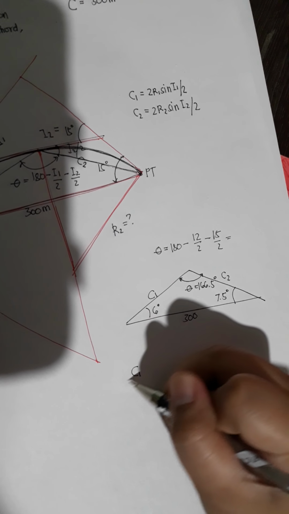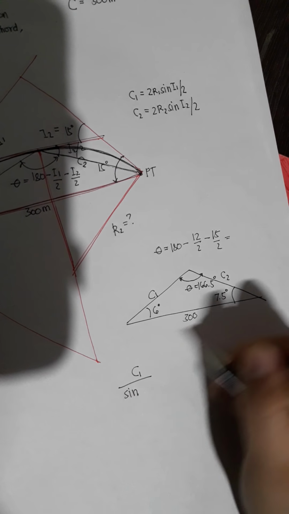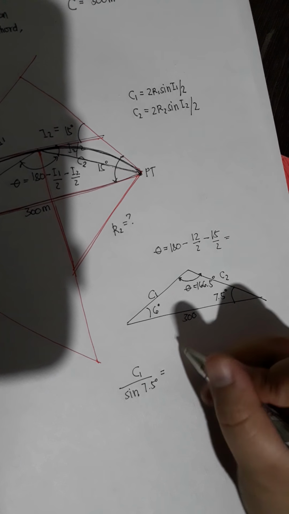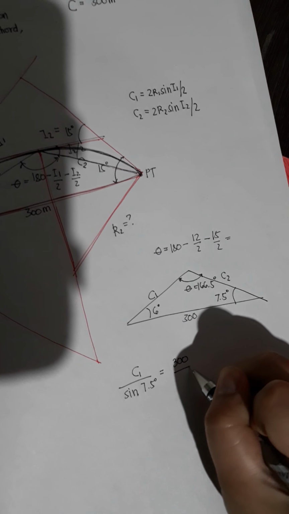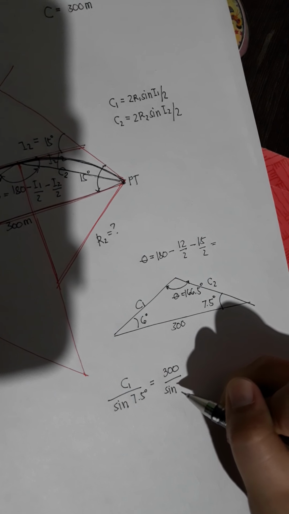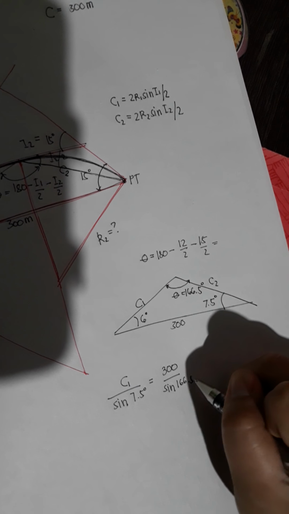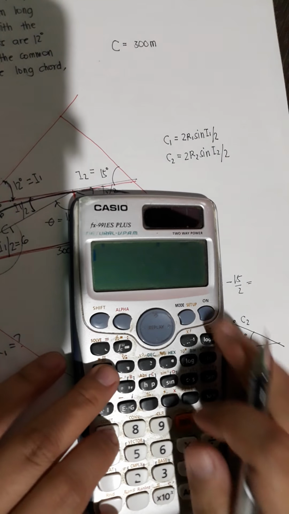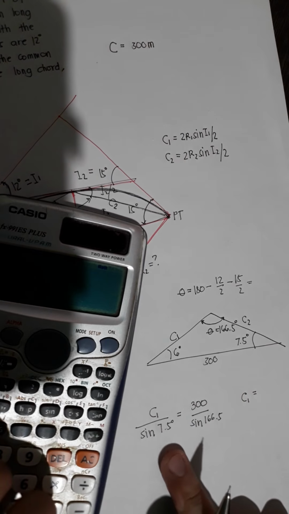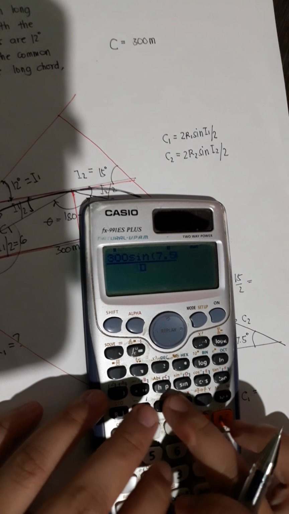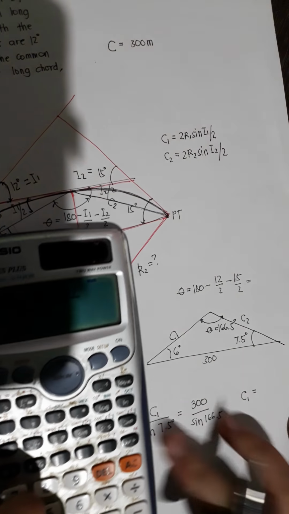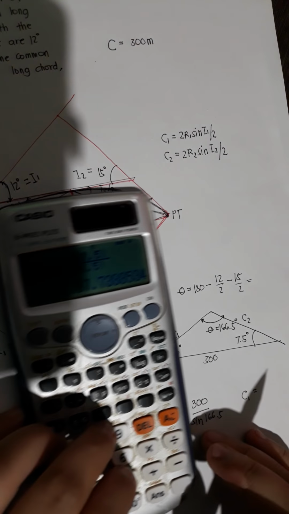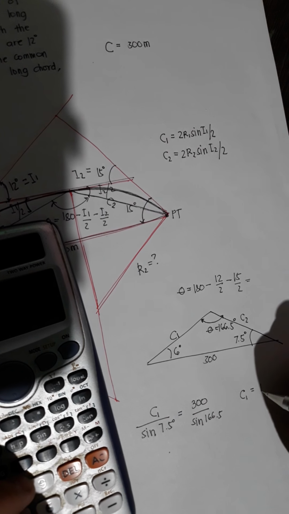Okay, so for C1, we have C1 over sine of the opposite angle, 7.5 degrees, equals, for the long chord, 300 over sine of theta, which is 166.5. So therefore C1 is equal to 300 sine 7.5 over sine of 166.5, which is 167.74.